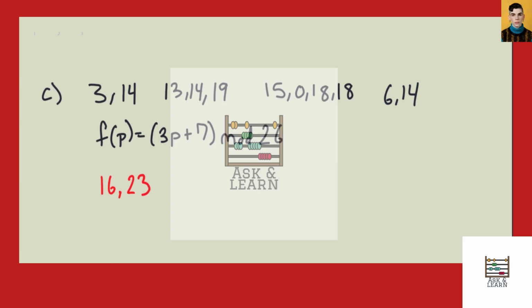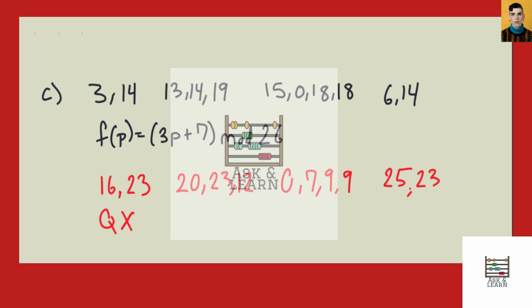Then we'll get 23, 20, 23, 12, 0, 7, 9, 9, and 25, 23. Okay, so we translate this with our alphabet. So we get QX, UXM, AHJJ, and ZX.